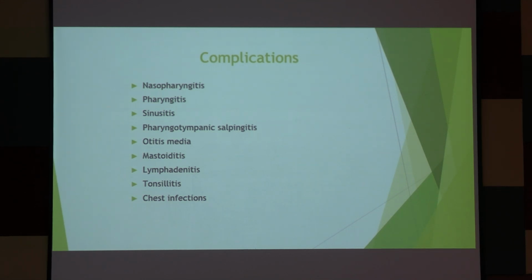The infection goes via your eustachian tube to your ears. You can have salpingitis, which means inflammation of the eustachian tube, then otitis media, then mastoiditis. Your nearby lymph nodes will get enlarged, lymphadenitis. You can have tonsillitis, and ultimately lower respiratory tract infections, okay? You can have all these things.